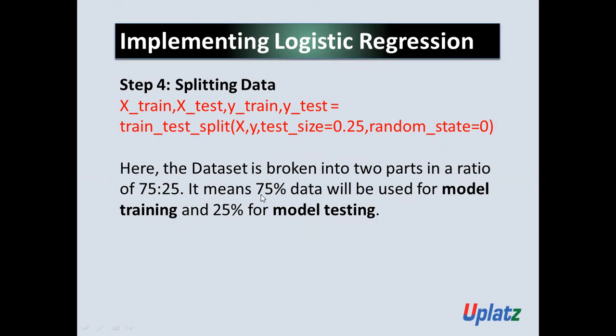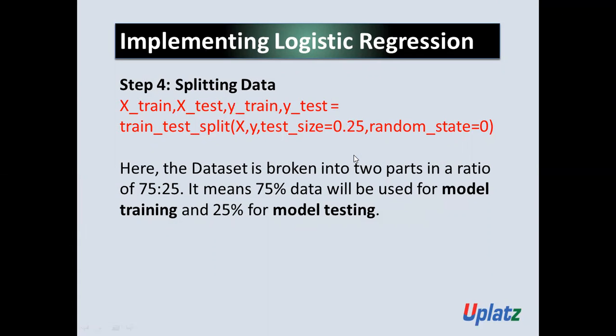This means 75% of the data will be used for model training and 25% of the data is used for model testing. Why 25%? Because you have set test_size equal to 0.25. This means 25% of the data you are going to use for model testing, whereas 75% of the data you are going to use for training the model.